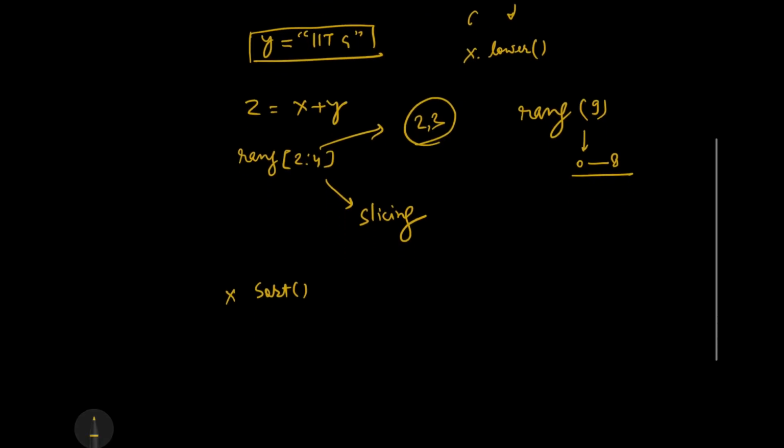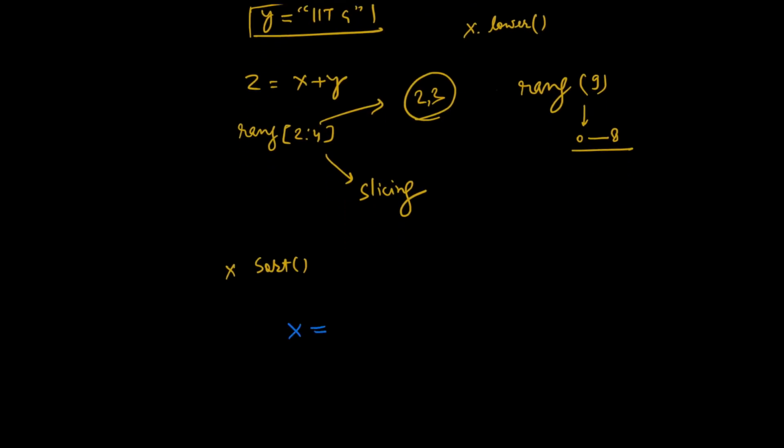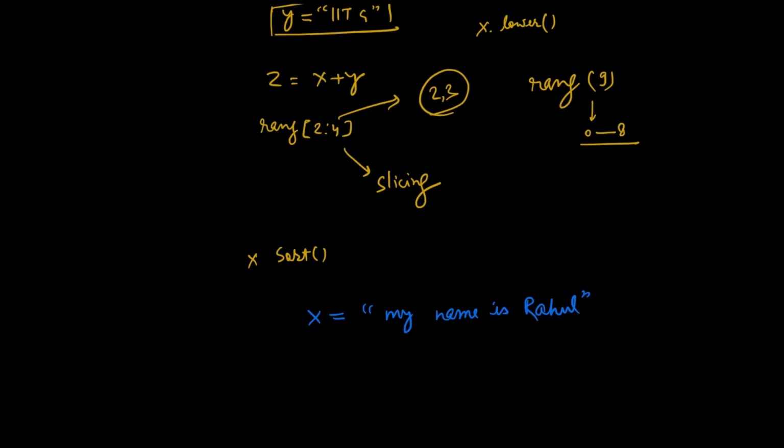So lists you have also seen. Suppose in x I am storing my name is Rahul, and I split this particular string and put the result into y, with x dot split. What it will do is split the string and store it into y in the form of a list.